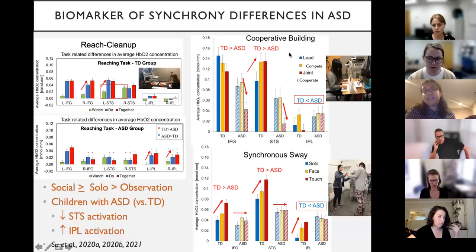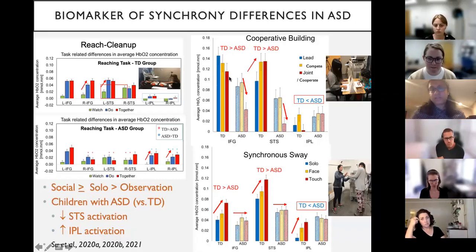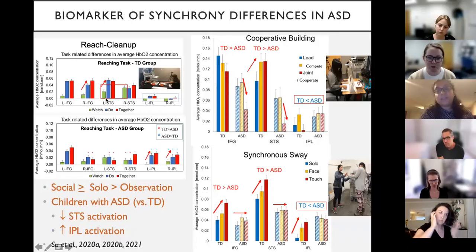Blue is lead, orange is compete, and red is the cooperate, or the most socially cooperative condition, which is the joint or cooperate condition. The follow is not shown here. I was trying to keep things the same across these different tasks, but it is very similar to joint.